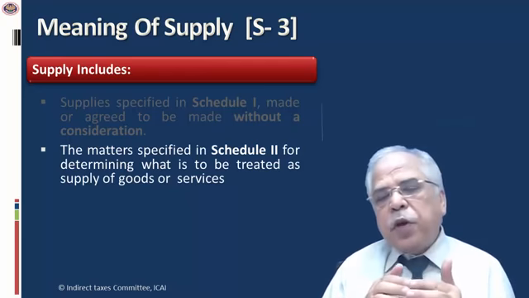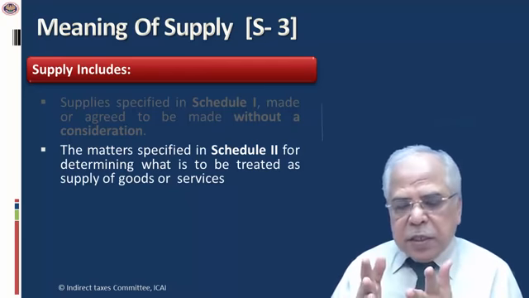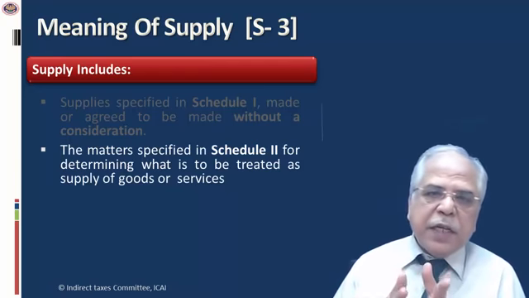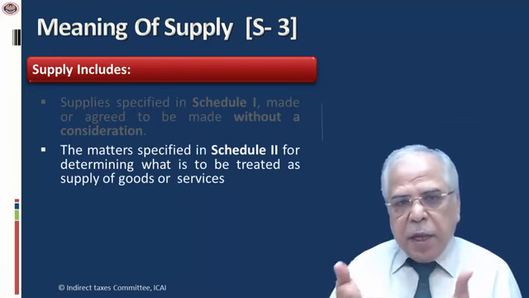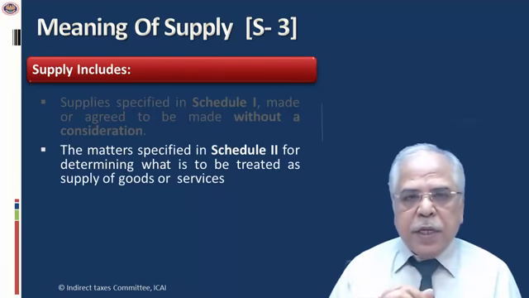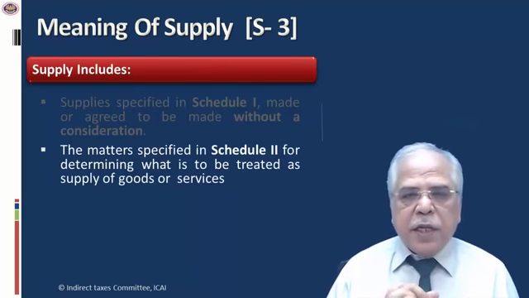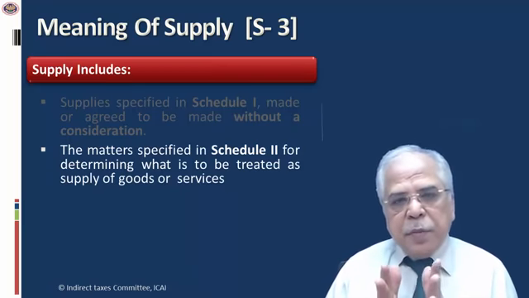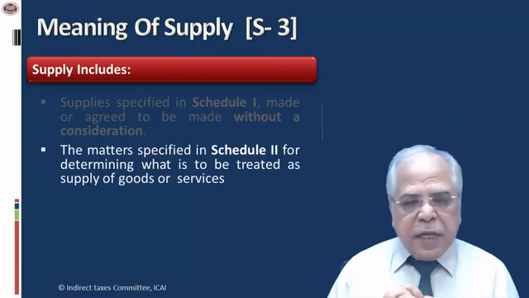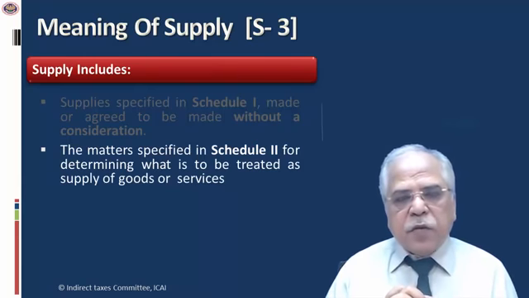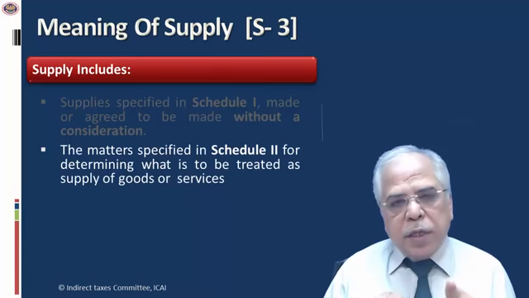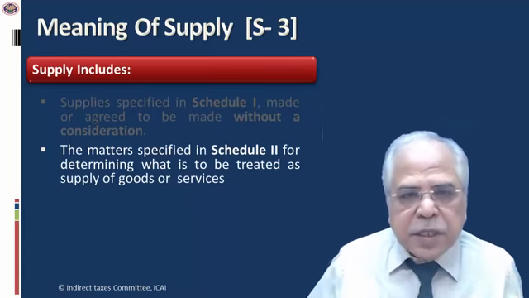It is important from that point of view that once it is determined whether it is goods or service. In my humble personal opinion, according to me, there may be more than one rate of tax so far as goods are concerned, and so far as services are concerned, there has to be a common rate of tax, and that common rate for goods and common rate of service tax shall be the same.